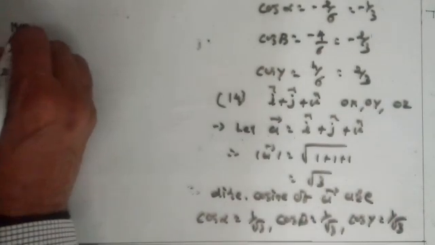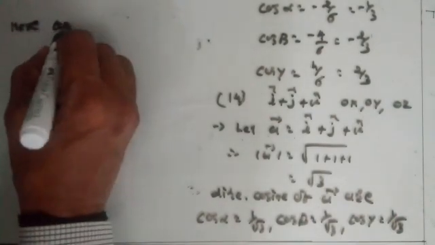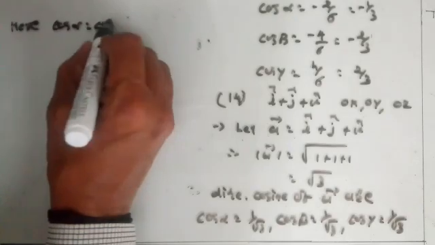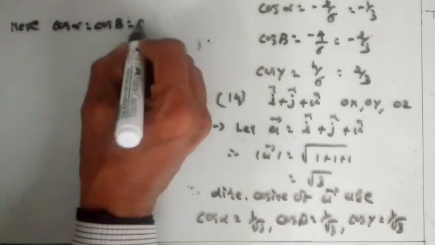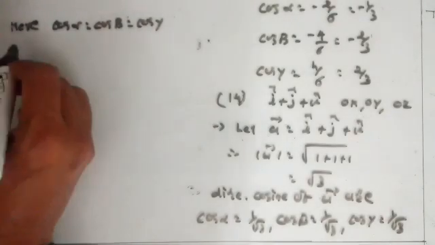Here cos alpha is equal to cos beta is equal to cos gamma.